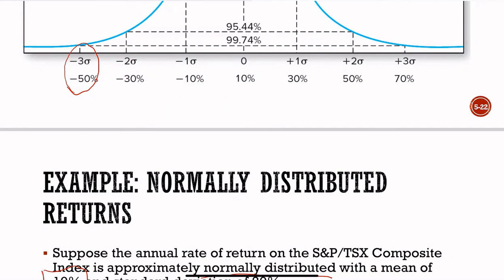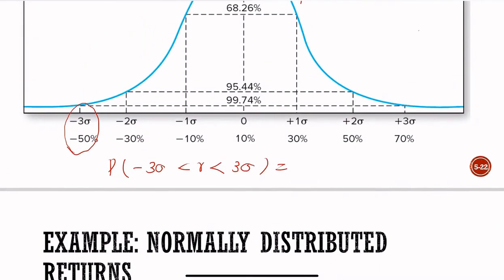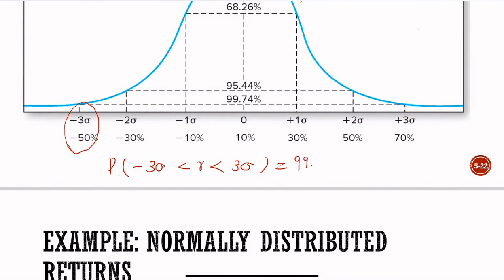What a failure. So 3 sigma, because the sigma really looks like 6. And we know that this guy equals 99.74%, right?